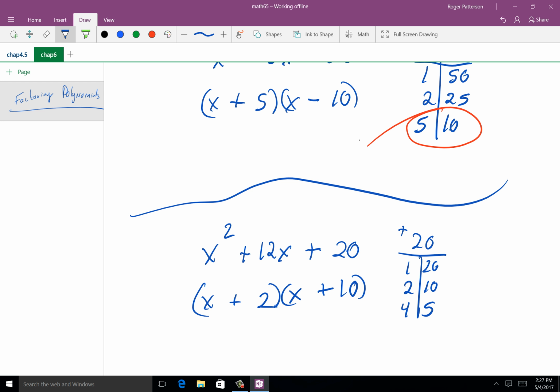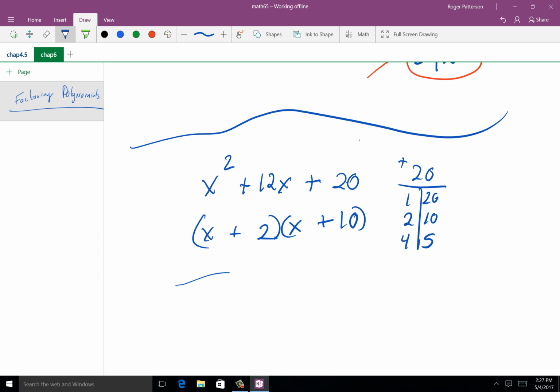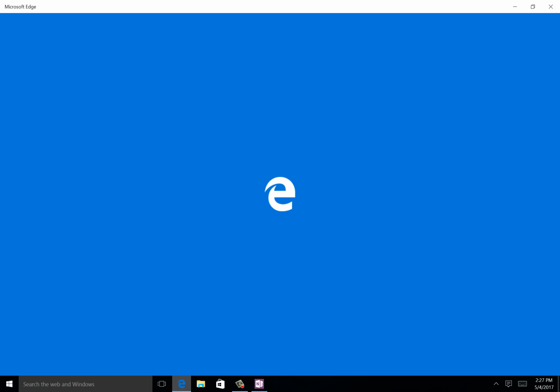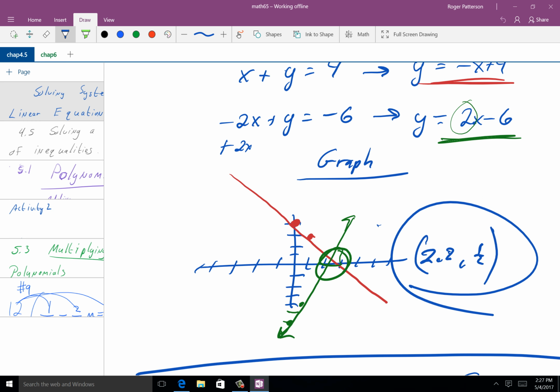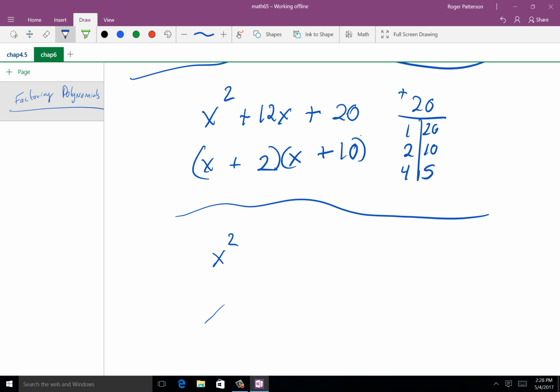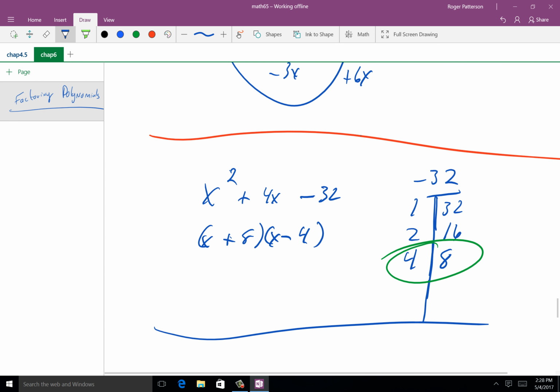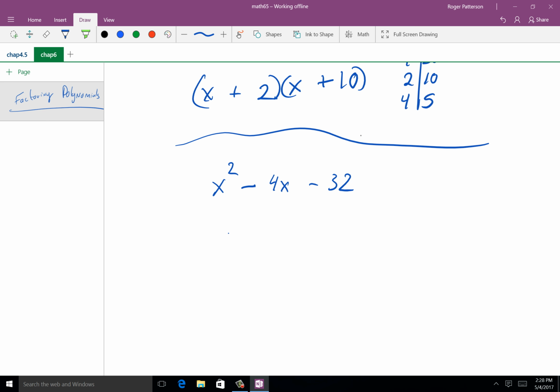Plus and plus, 20, 12 when you add them. I don't know if I did one like this yet. I did. Sorry.